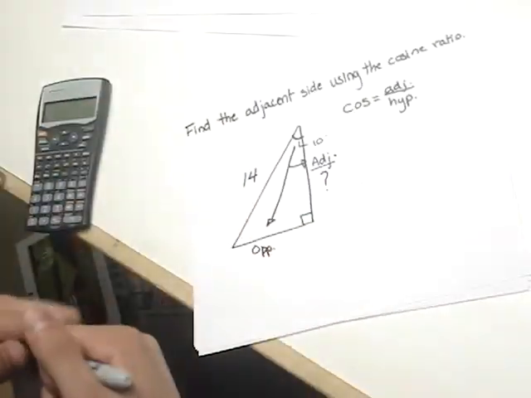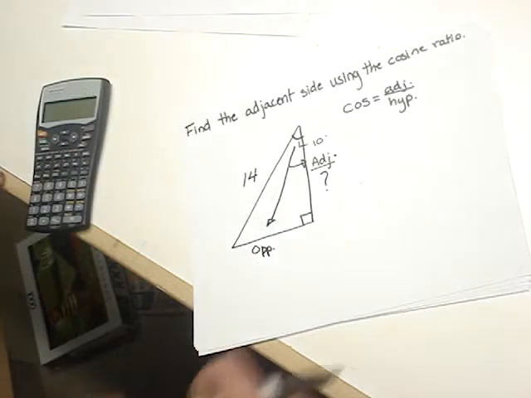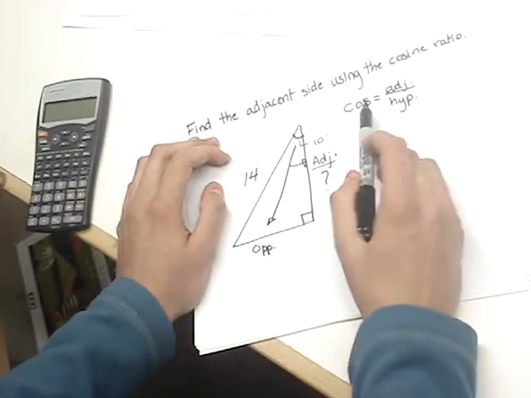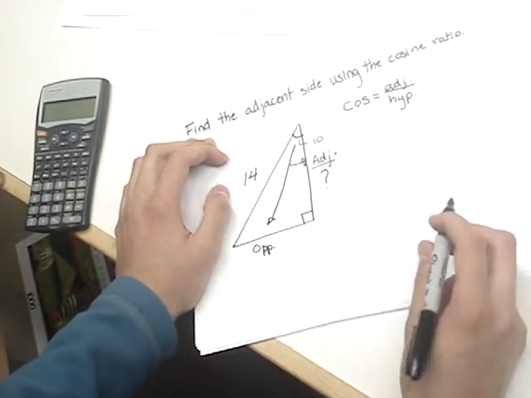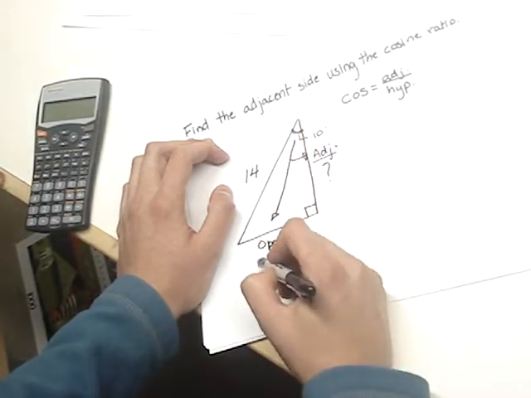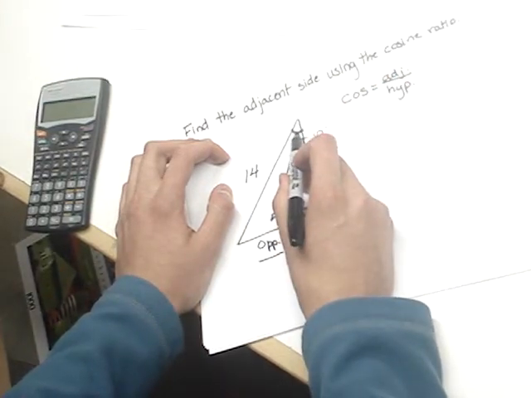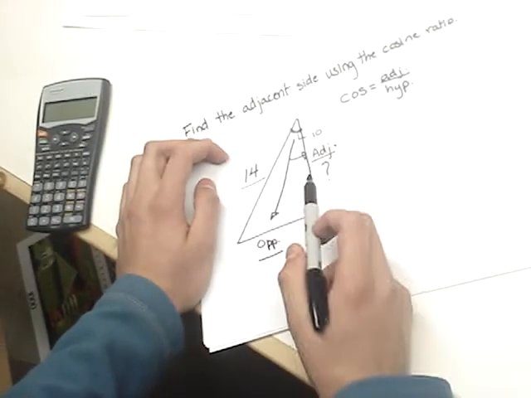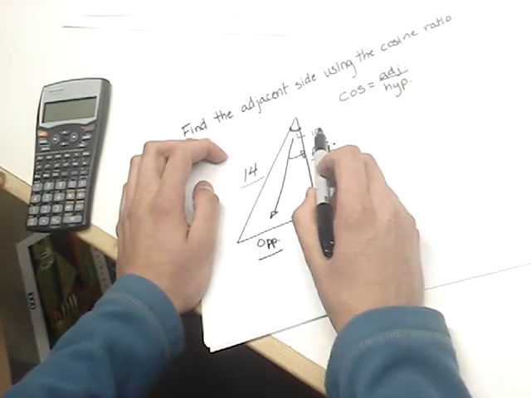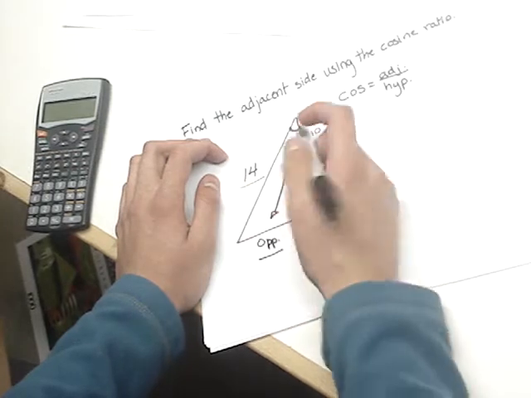Alright, so next one, find the adjacent side using the cosine ratio. Cosine equals adjacent over hypotenuse. Working with this angle, this is our opposite side, so this is our adjacent, and we don't know what it is, and there's our hypotenuse, and we gave 10 degrees to the angle.